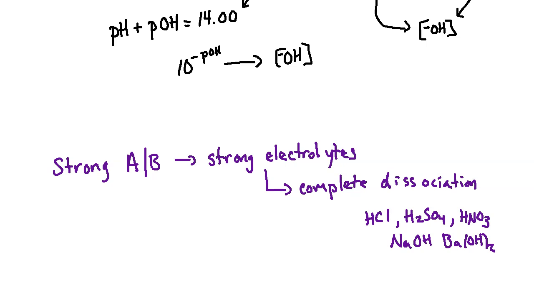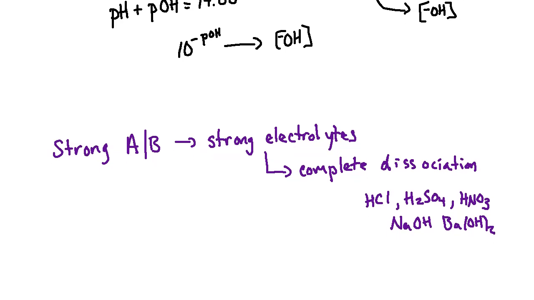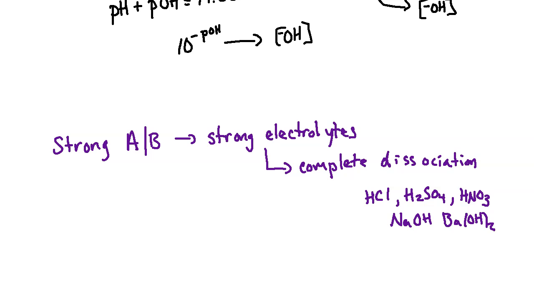They go all the way to dissociation. It's not that you have part of it as HCl and part of it as H+ and Cl−. 100% of it goes over to the H+ and Cl− side. And because of that, and the fact that there's no equilibrium, that is what defines a strong acid or a strong base in the general sense.